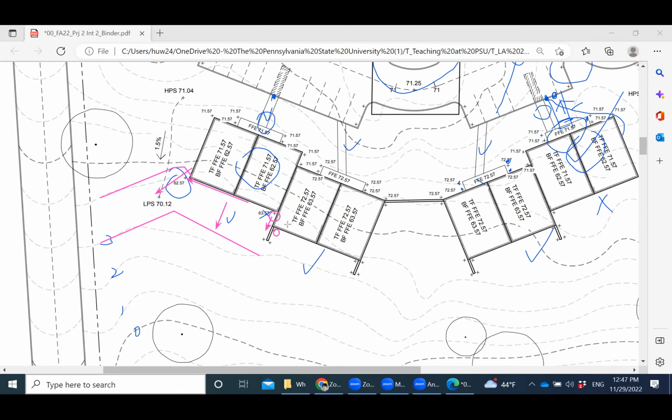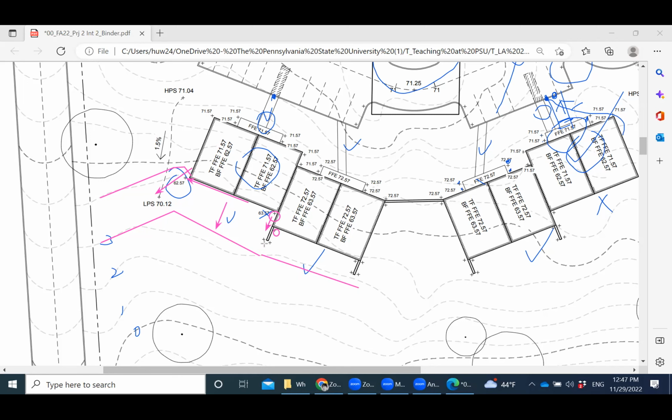That makes sense? So if you want to make this 63.57, you would have a wall, and then you would do the same thing in measuring. Then the 63 would continue over.